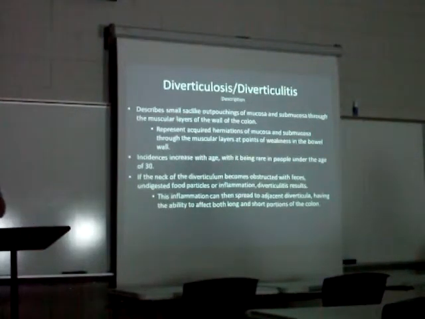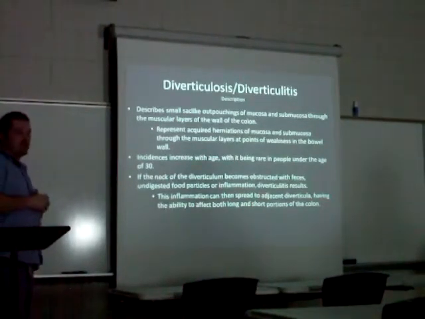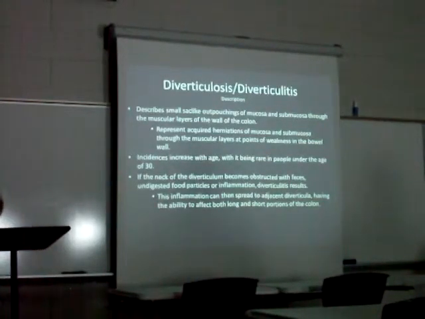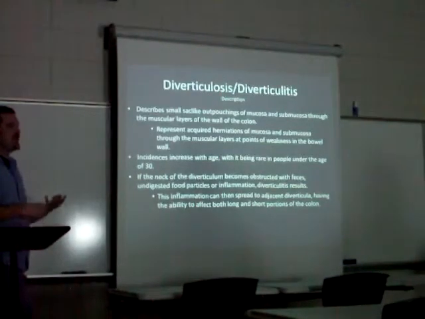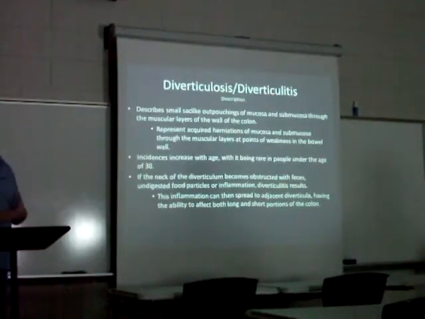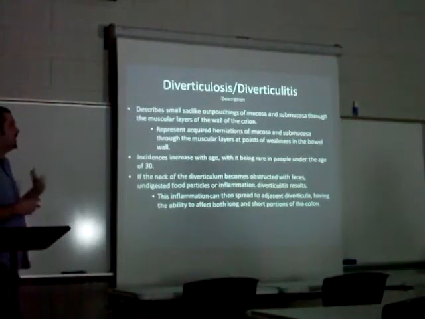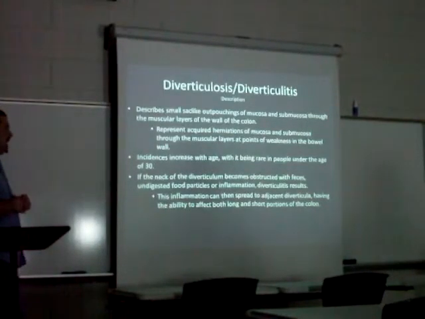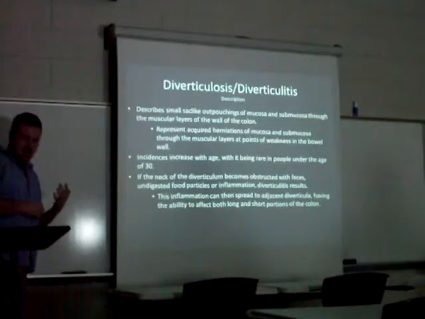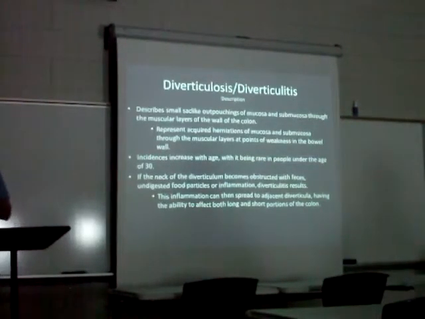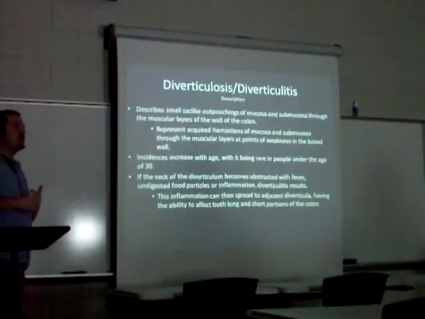And so we see that primarily, it increases with age, with it being rare in people under 30 years of age. And I don't really know how well that holds up today because all the time they're finding other things that cause diverticulosis, diverticulitis, Crohn's disease, irritable bowel syndrome, things like that. I don't know whether that is completely accurate or not, but for the most part, we'll just say it is. And so we see that if the neck of the diverticulum becomes obstructed with feces, food particles, or inflammation, diverticulitis results.